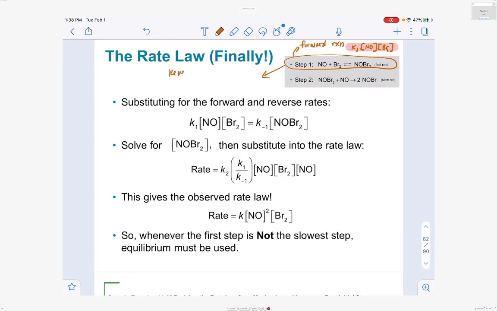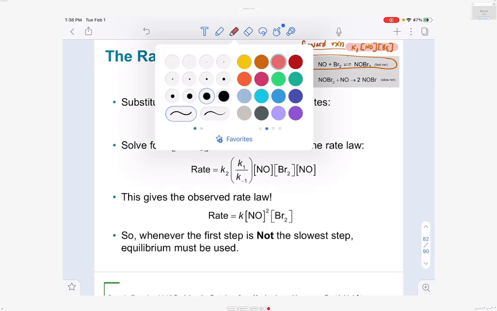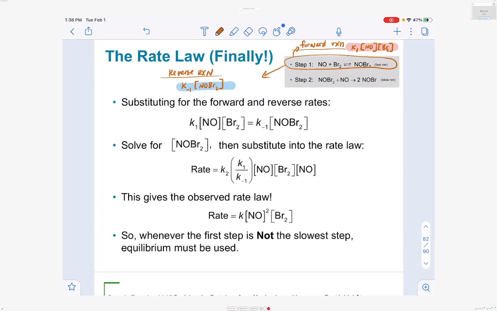The reverse reaction rate law is going to be K, which I'm going to label as -1, the reverse reaction of step 1, times NOBr2. Because the reaction is reversible, these two rates are equal to each other, so we can write this expression where the forward reaction equals the reverse reaction.